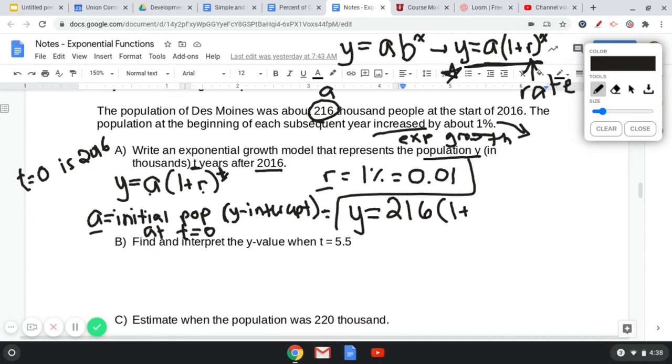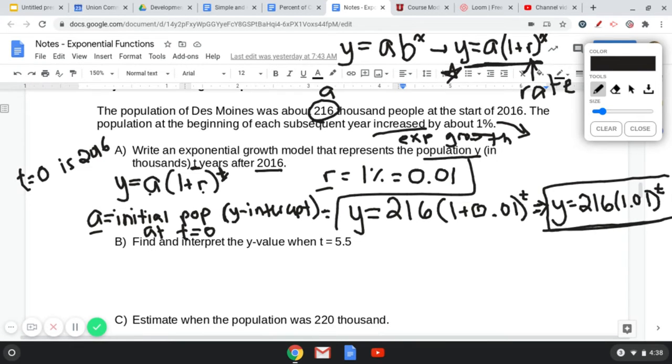Times 1 plus our rate, which is 0.01, to the power of t. So we can simplify this. This is y equals 216 times 1.01 to the power of t. And this is our population equation right here.